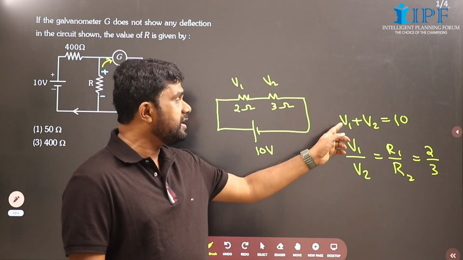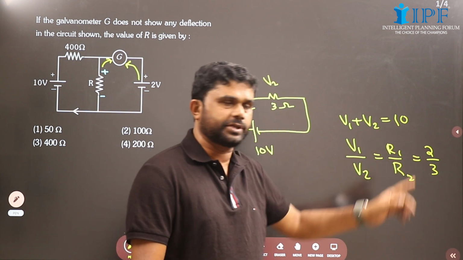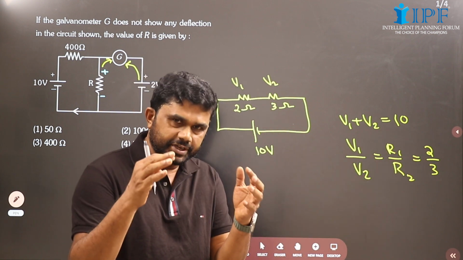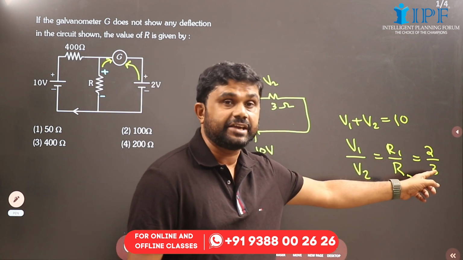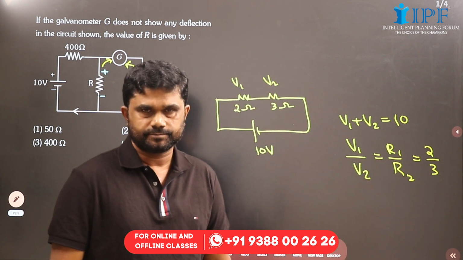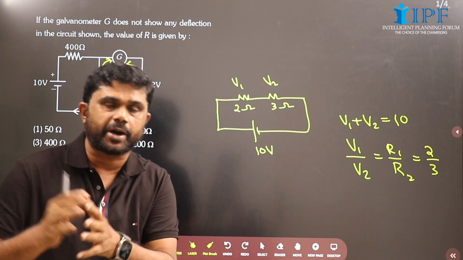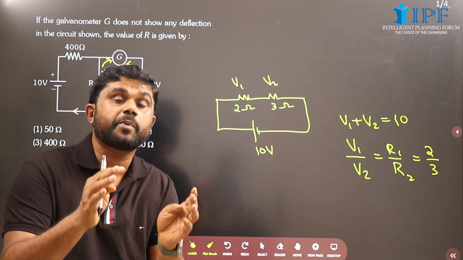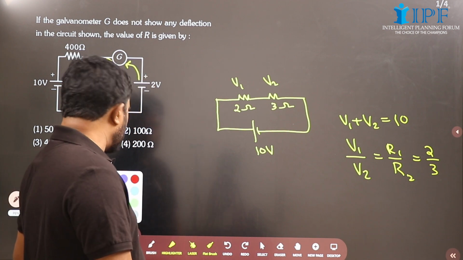So the total voltage 10 volt is to be divided in the ratio 2:3. So it is to be divided into 2 plus 3, 5 equal parts. Each part will be 10 by 5, which means 2 volt.